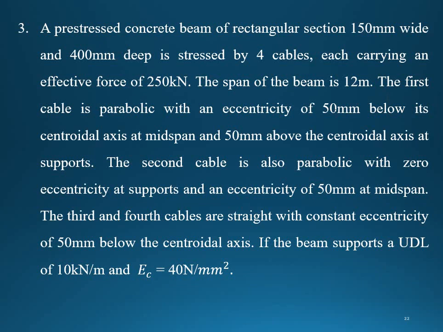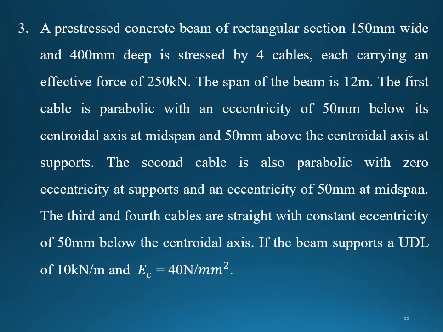They are talking about each cable separately and each cable is having different eccentricity. The first cable is parabolic with an eccentricity of 50 mm below its centroidal axis. Centroidal axis is nothing but neutral axis and it is present at midspan.